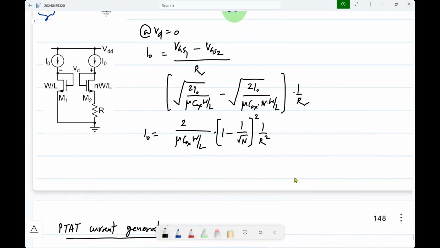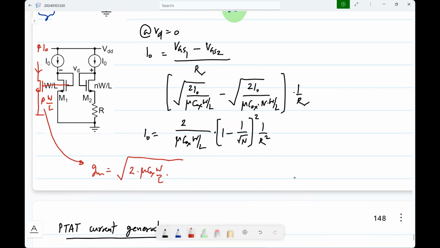But the interesting thing is, again, what happens if I mirror this current and this is P times W by L? What will be the current through that MOS transistor? P times I naught. What will be the GM of that MOS transistor? So basically you can calculate, right? It is square root 2 times mu Cox W by L times P times W by L times P times I naught.